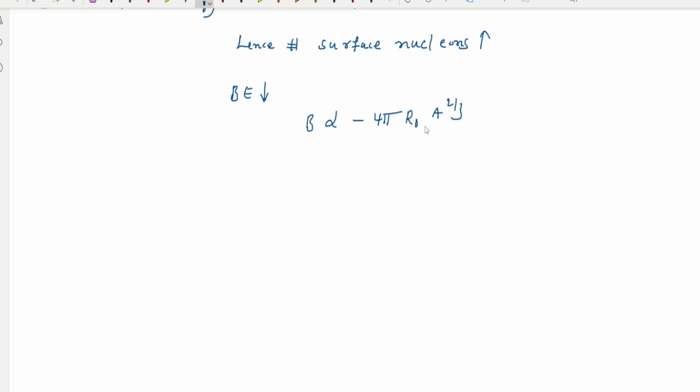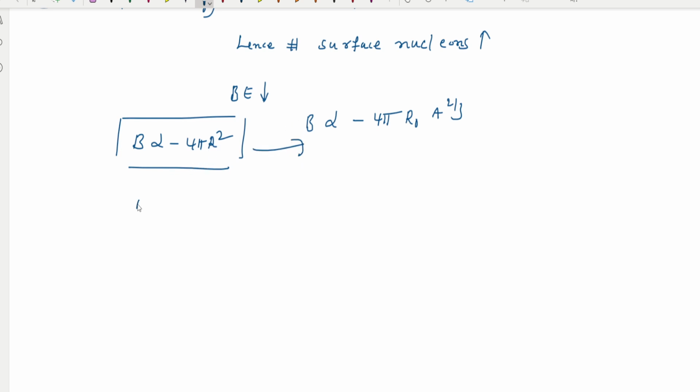In case you want to know how this formula comes, B is proportional to 4 pi r square, right? So this is the first step.